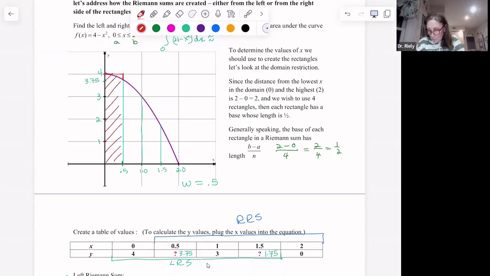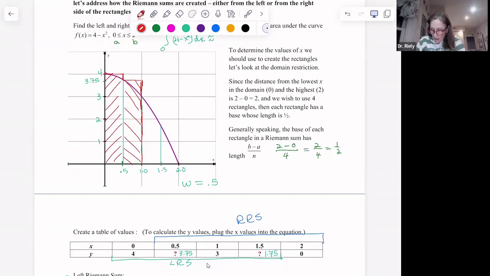Then for the next point, you go up at 0.5 and hit the curve at 3.75 and go straight across until you get the next vertical section. So now you have that. And if I shade it this way, you'll be able to see where one starts and the other one ends.